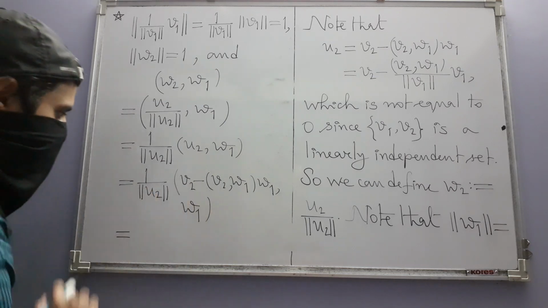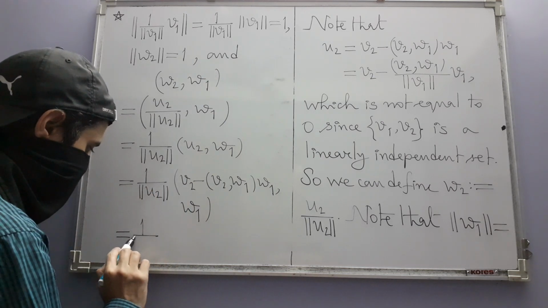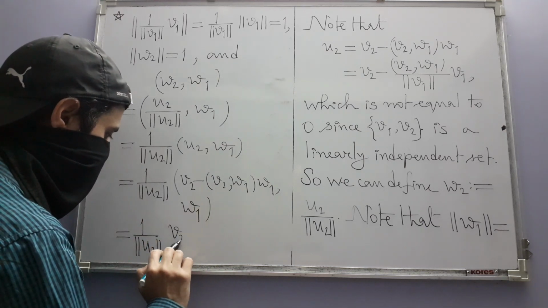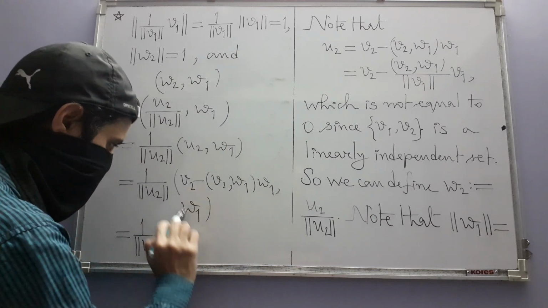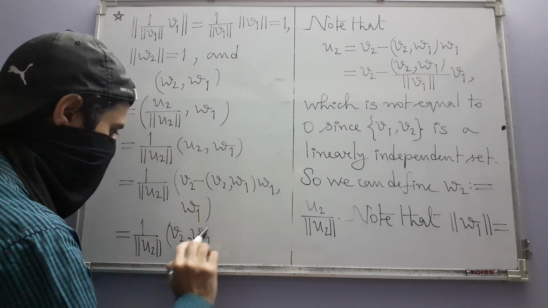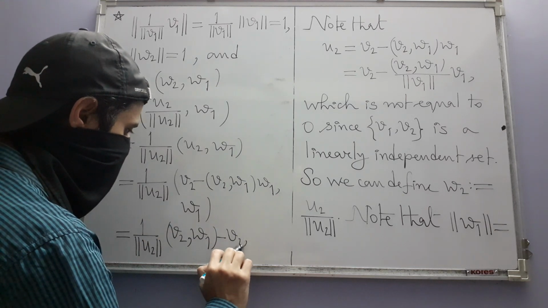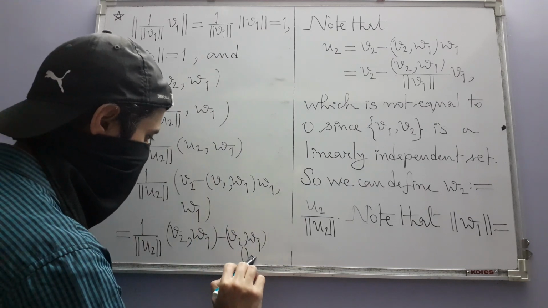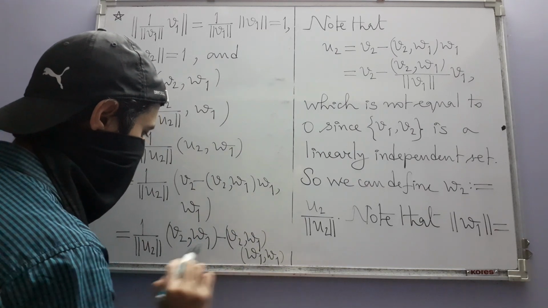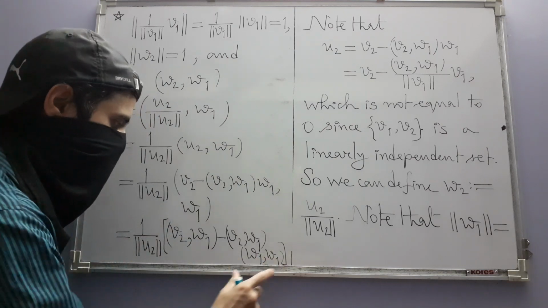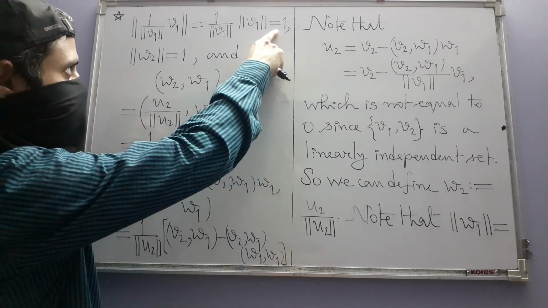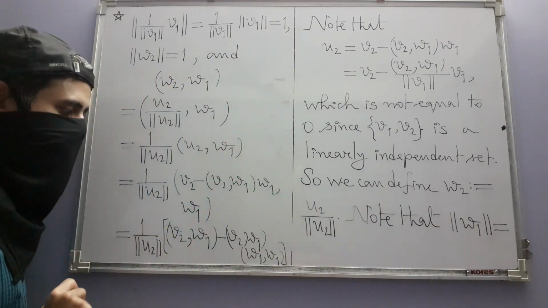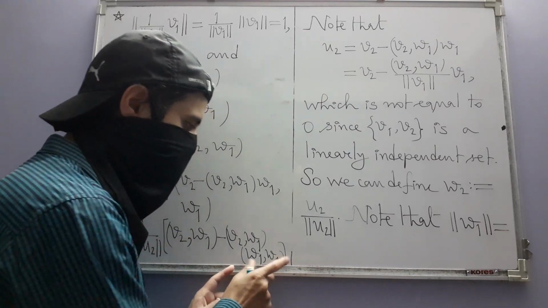So now if we use the other axiom, then we just get V2 comma W1 minus V2 comma W1 times W1 comma W1, and this is where this fact is going to be used, because the length of W1 is 1. So its square, which is this, is also 1.